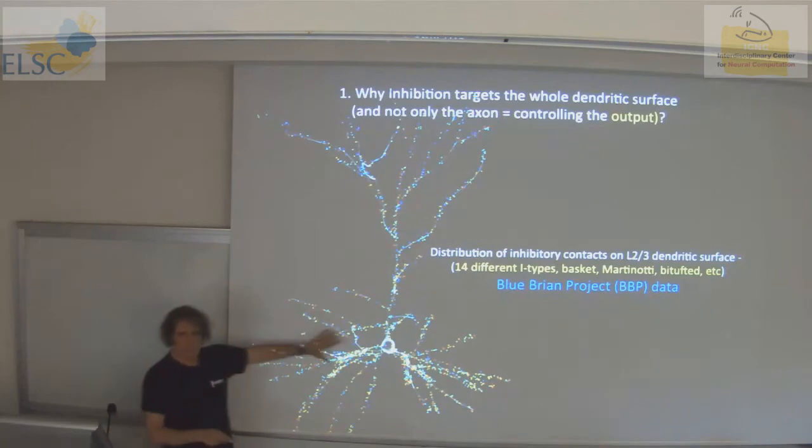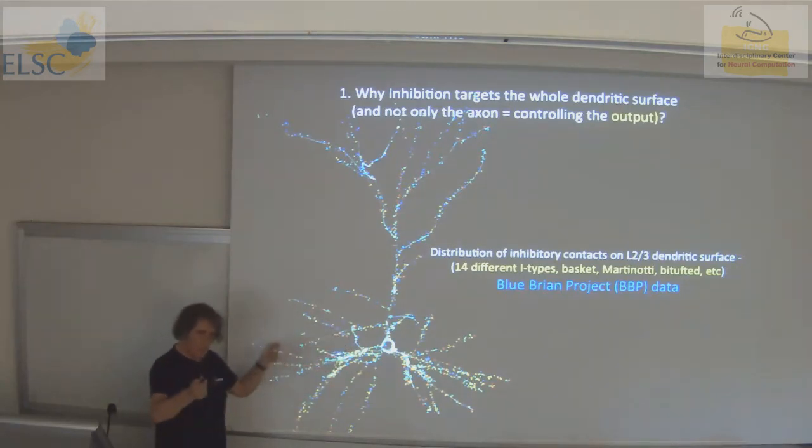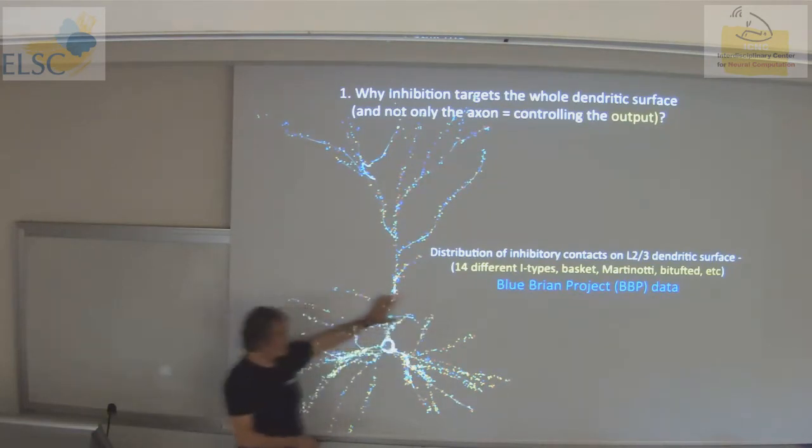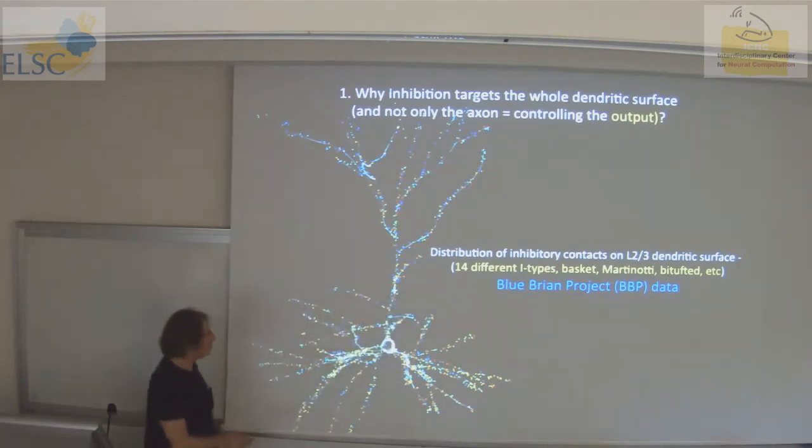So this information is a combination from reconstruction of pairs of neurons, inhibitory and layer 2-3, many, many pairs. I think there are about 70 pairs of layer 2-3 and the presynaptic inhibitory cell.